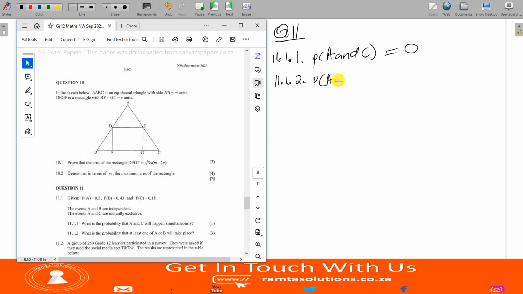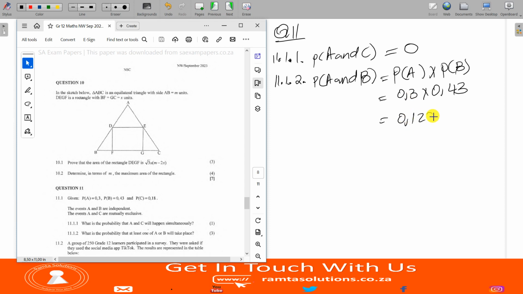So the probability of A and B is equal to the probability of A times the probability of B. Probability of A is 0.3 and probability of B is 0.43. This simplifies to 0.3 times 0.43. I'm going to leave it as 0.129 for now because it is not the final answer.